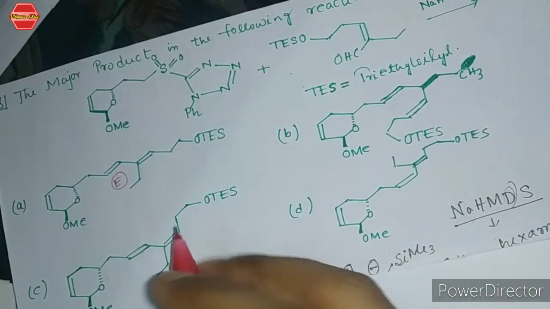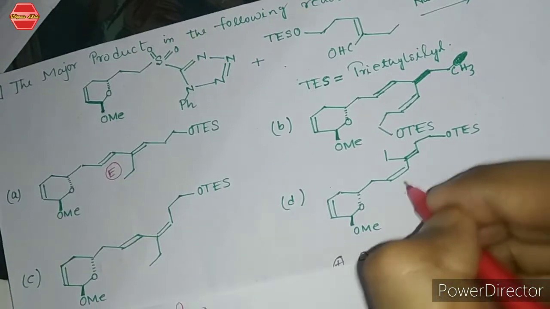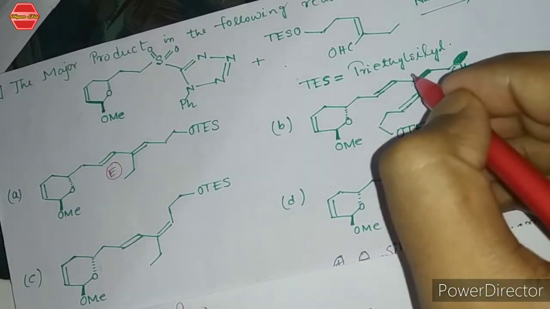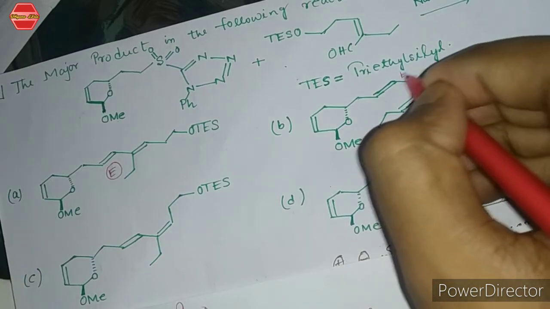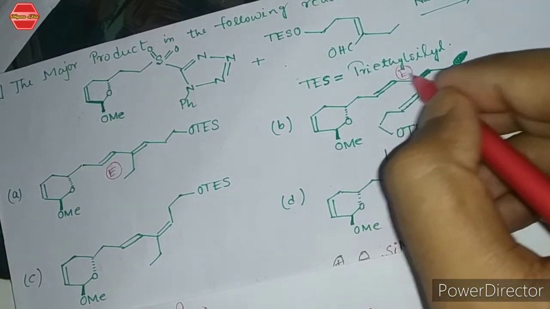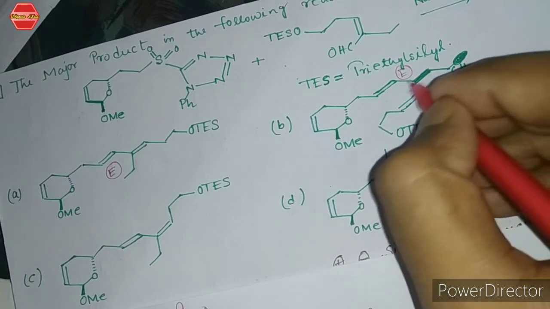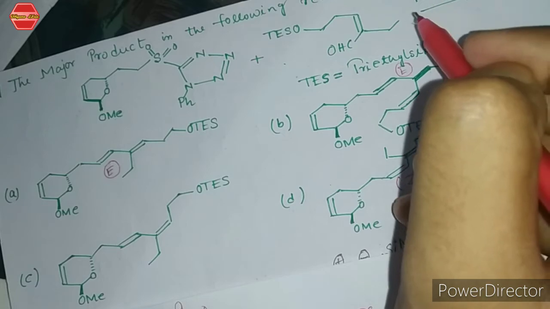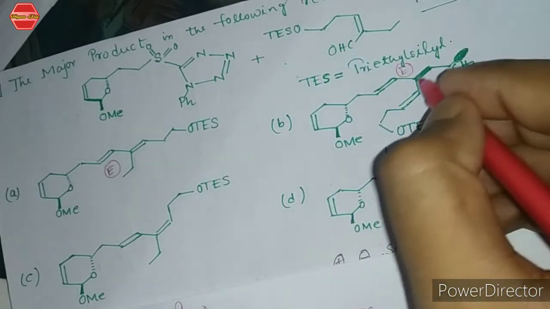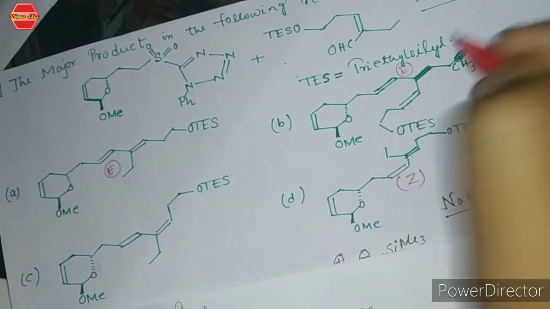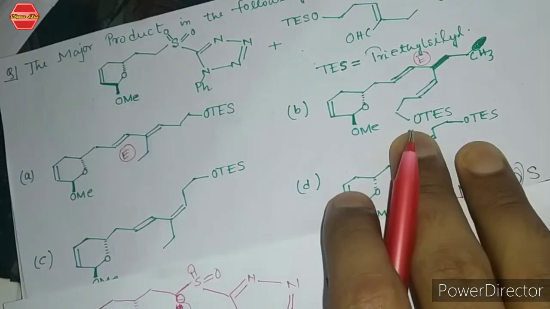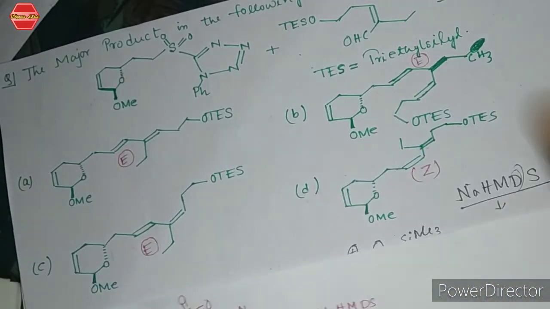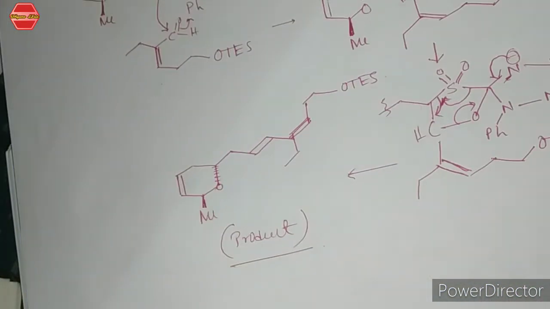This is E, and there is a formation of the Z-alkene because these two are on the same side, so it is Z. And there is also an E-alkene, but these two groups are not on the same side, since you have given this structure, this OTES. So this is not your answer. There is also E, and here is also E. Now you can easily find your answer.